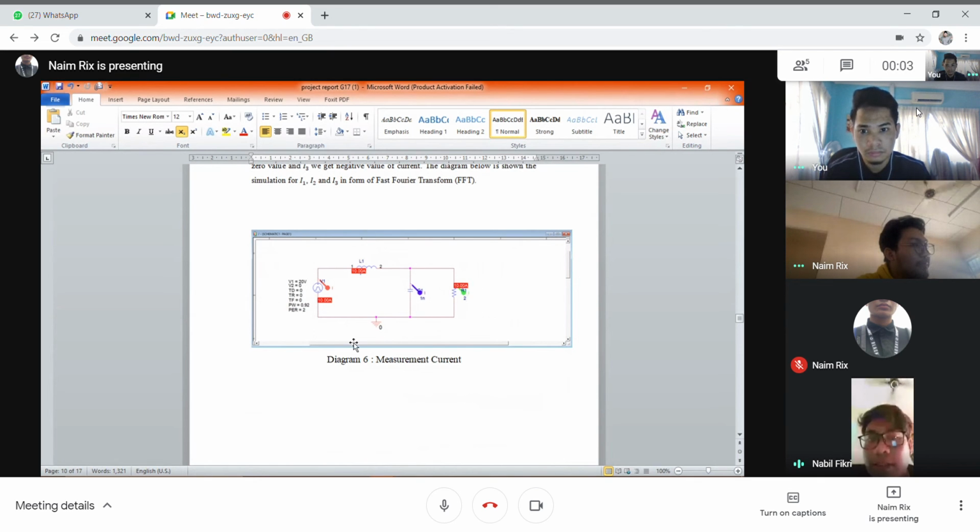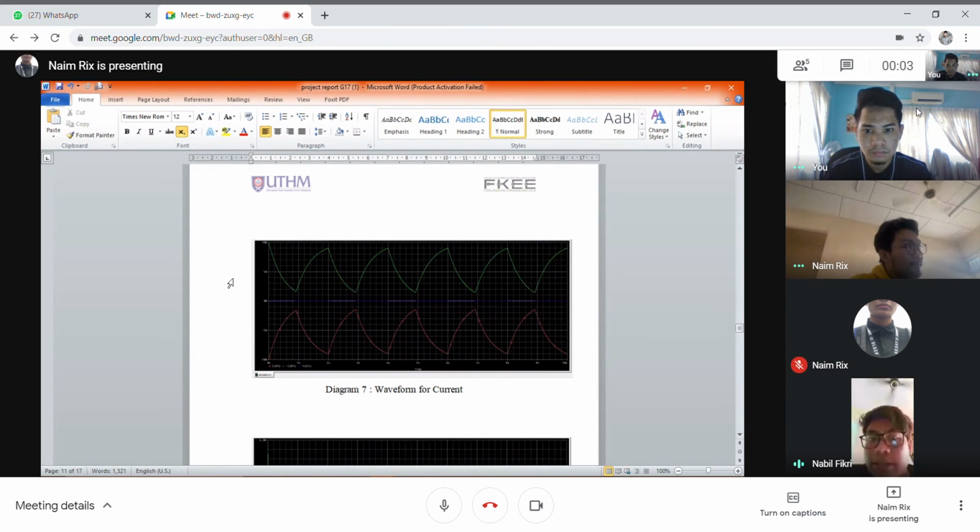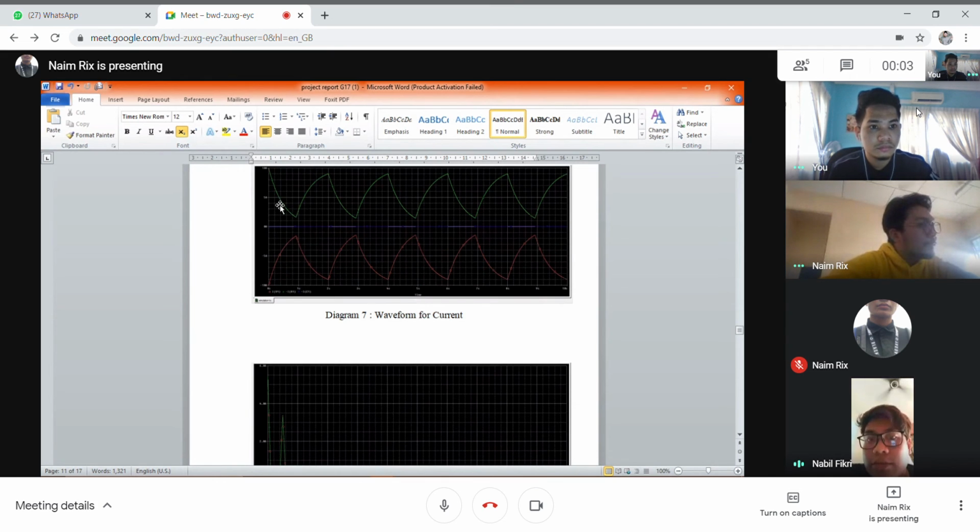So the current 1 is red color, blue is current 2, and green is current 3. So the result is, the upper one, the color green, is for current 1, the blue in the middle is current 2, and the red is current 3.